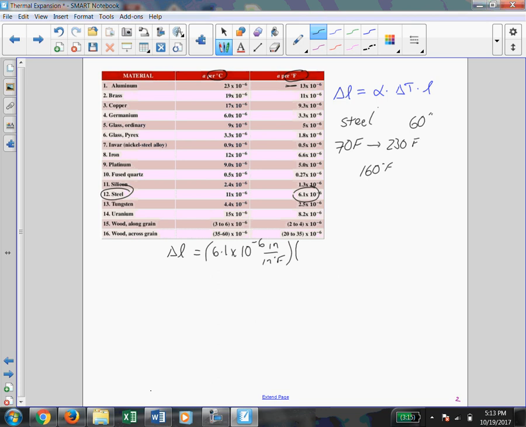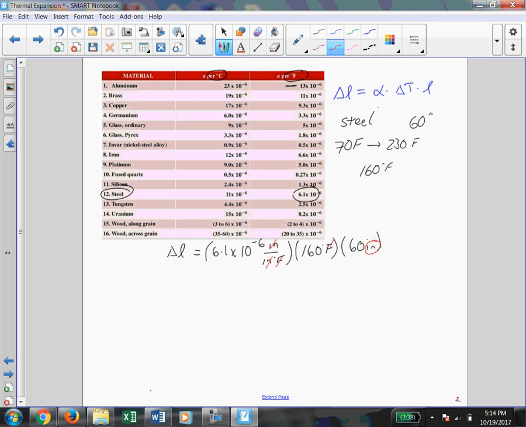So we're going to be growing 6.1 times 10 to the minus 6 inch per inch, and we're going to be raising that by 160 degrees Fahrenheit, and as it does that, we've also got a length of 60 inches. And when we look at units, we're going to see that inch per inch is going to cancel out, Fahrenheit is going to cancel out, we're left with inches.